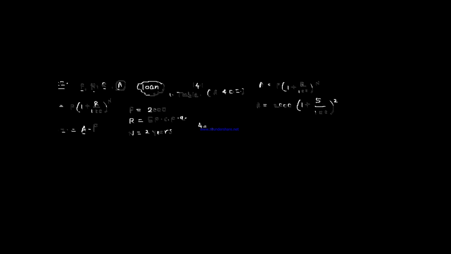First of all, the very first step is to see if this fraction can be simplified. We can simplify it because 100 is divisible by 5: 5 twenties are 100. So this will look like 1 plus 1 upon 20, raised to 2.